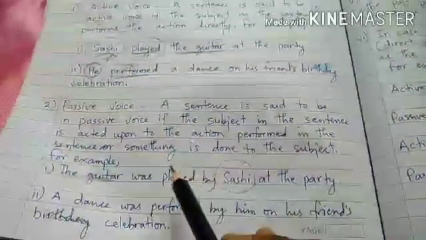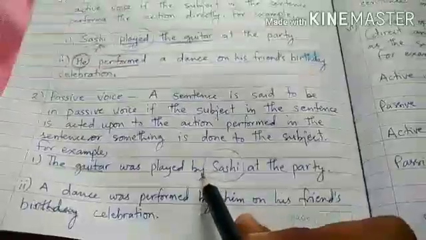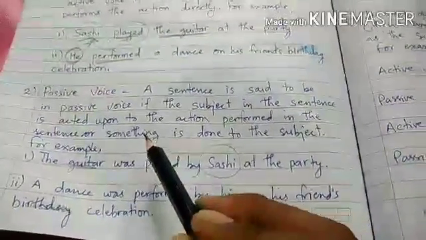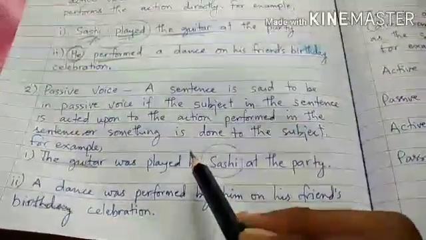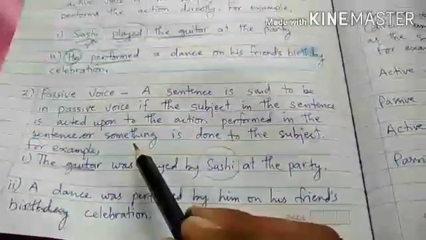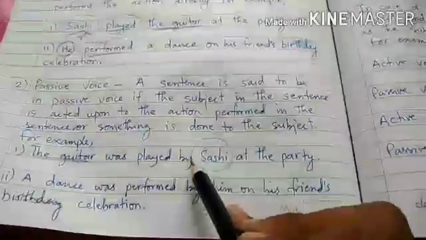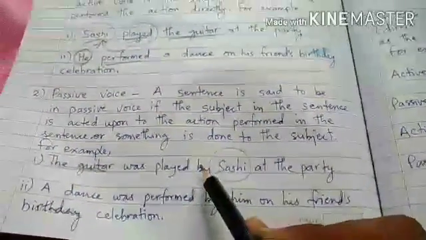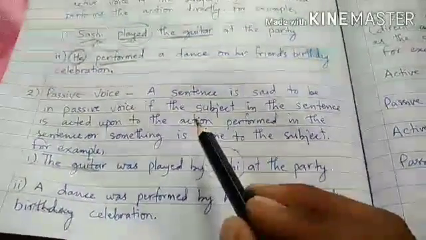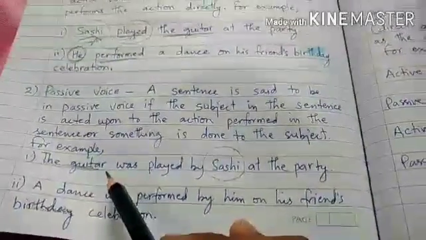So whenever we are changing sentences from active voice into passive voice, we have to change the places of subject and object first. The subject used in active voice will be changed into object in passive voice, and the object used in the active voice will change into subject in passive voice.